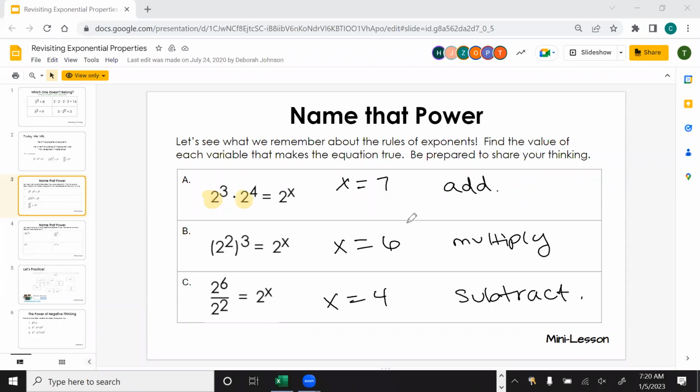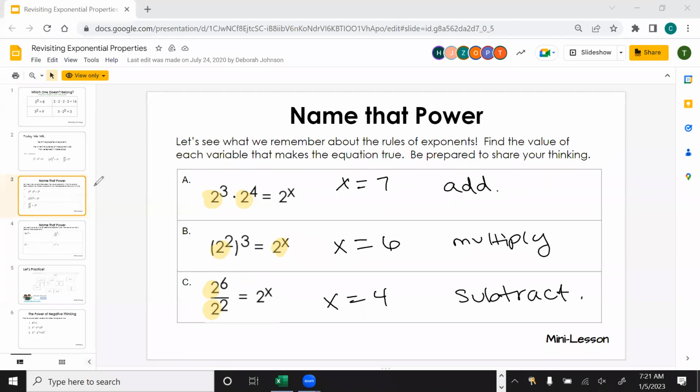For instance, if this said 3 to the 4th power, we wouldn't multiply those two things together. We wouldn't have that exponent. It has to have the same base. So notice how we have this base and this base. That way we can actually perform those properties.